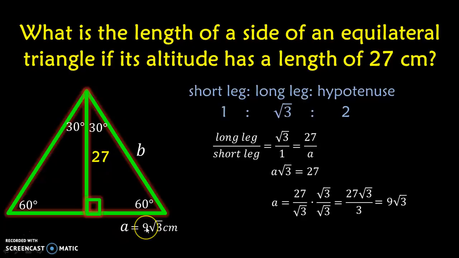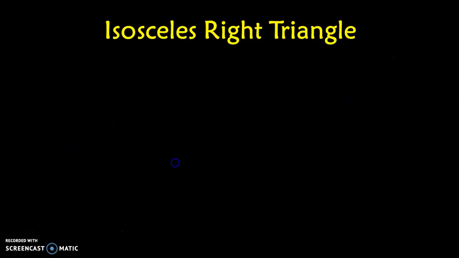Since this side and the hypotenuse have a ratio of 1 is to 2, we just multiply this by 2 to get this one. So we have 18 square root of 3 centimeters. Therefore, the length of the side of an equilateral triangle here measures 18 square root of 3 centimeters. How about isosceles right triangle?